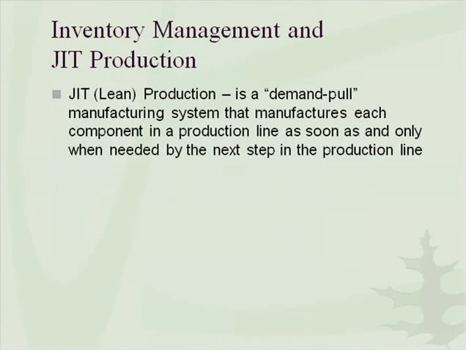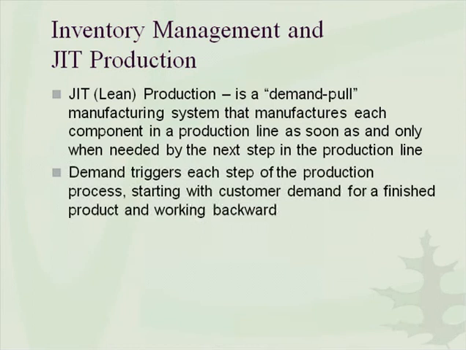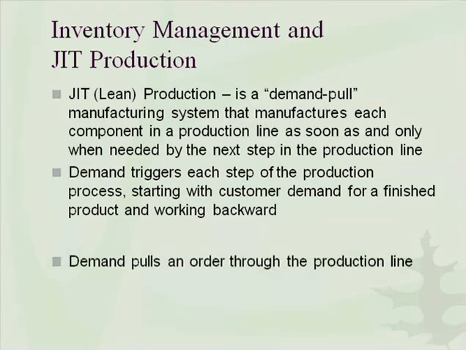JIT production, or lean production, sometimes called lean manufacturing, is a demand pull system rather than a demand push. We only manufacture each component as soon as it is needed and only when it's needed by the next step in the production line. So downstream demand triggers the next step in the production process, starting with customer demand for a finished product, and then we work backwards.